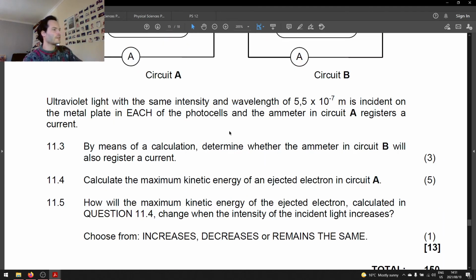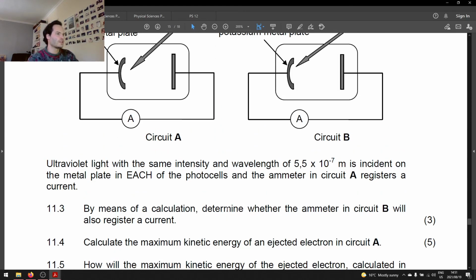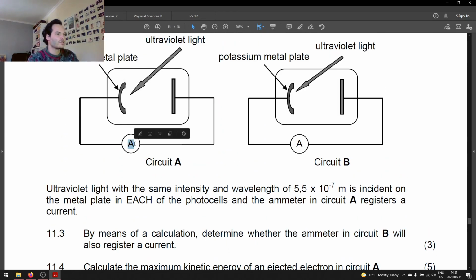The only thing that my intensity can change is it can increase my ammeter reading if electrons are already ejected. And the way that works is that if I'm shining a light with a greater intensity, then more photons are striking the cesium plate, and then more electrons are being ejected.